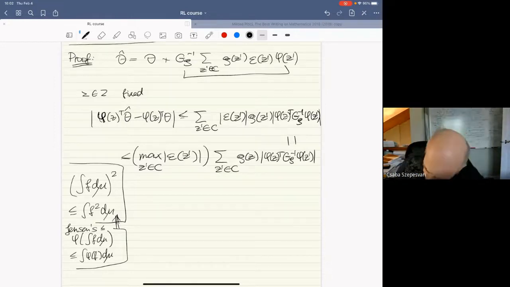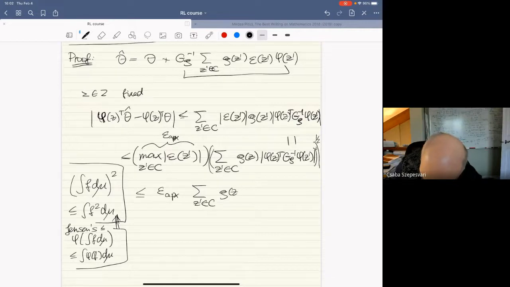So there is no squaring here, but of course we can add the square, and then if you add the square, you have to take it away. So let's just call this epsilon approx, the approximation error. And so Jensen's inequality is going to say: just move the square inside.